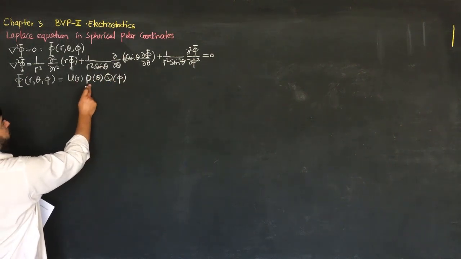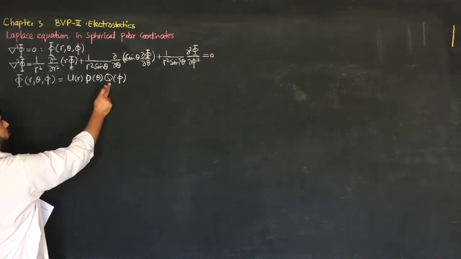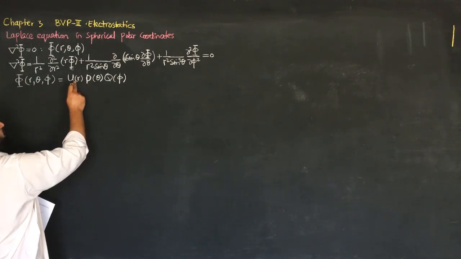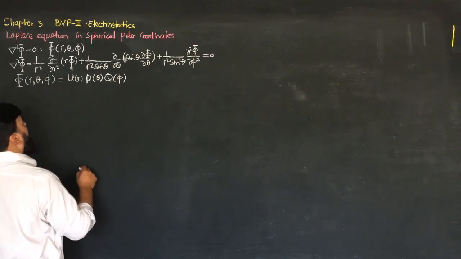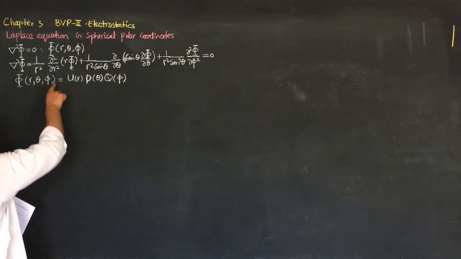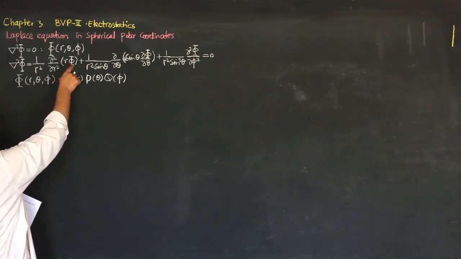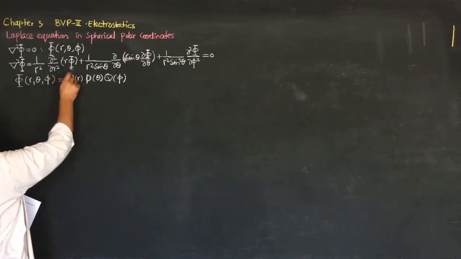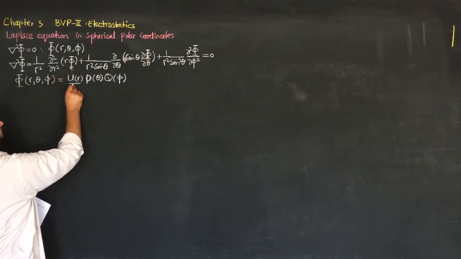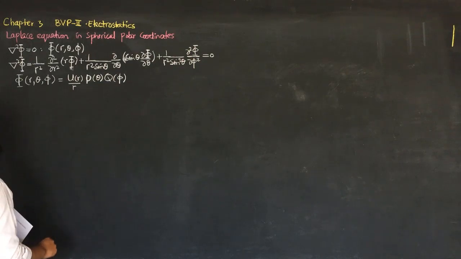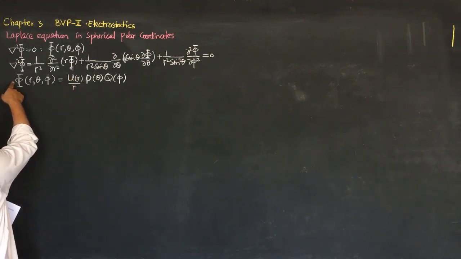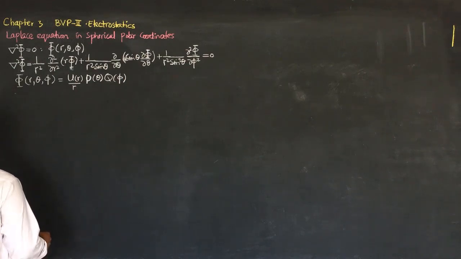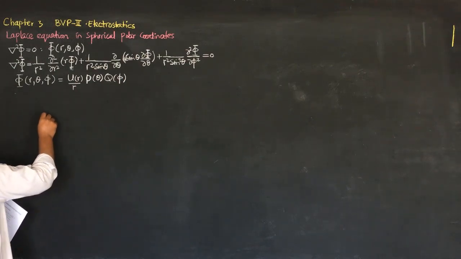So U, P, Q are functions which depend separately on r, theta and phi. But as we have here r times phi, I utilize a tactic: I consider this as U by r. Now this r will multiply here and our calculation will become a bit easier.